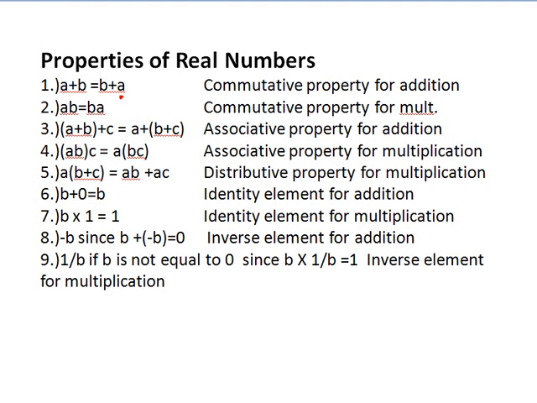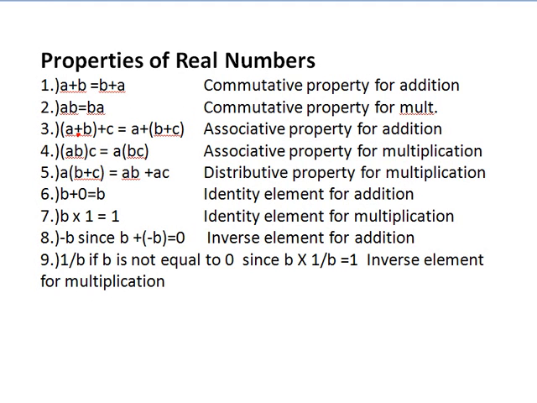That means you can change around the order of the numbers and it really stays equal to each other. That's the commutative property for addition. You can do the same thing with multiplication. Interchange the numbers. That's the commutative property for multiplication.